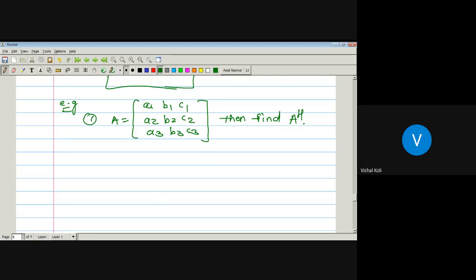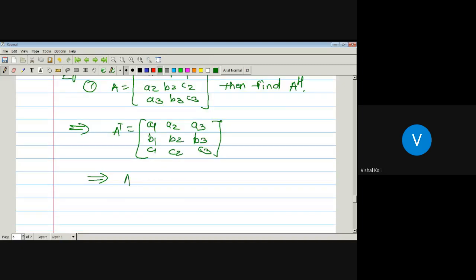Now here matrix A is given. So first we will take its transpose. So A transpose is equal to A1 B1 C1, A2 B2 C2, and A3 B3 C3. And now we have to take its conjugate.